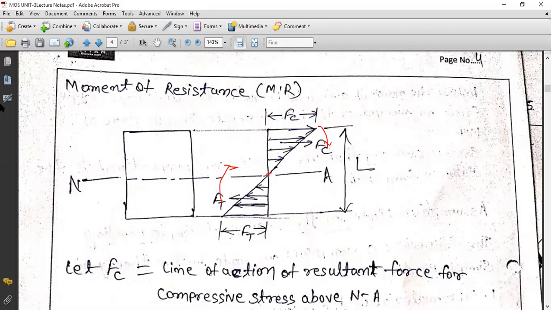Another example is a cycle pedal. You have to apply force on the pedal, and the pedal will be moved.